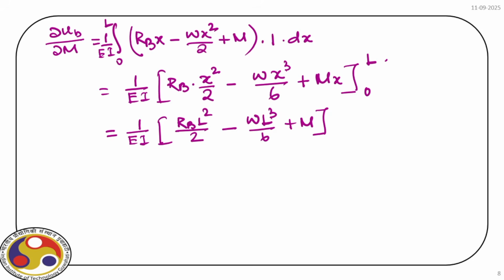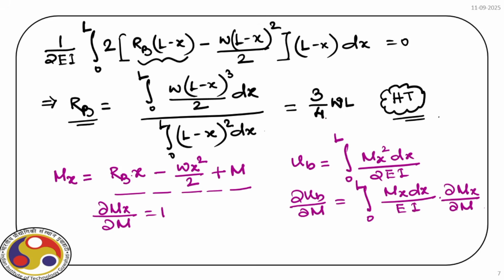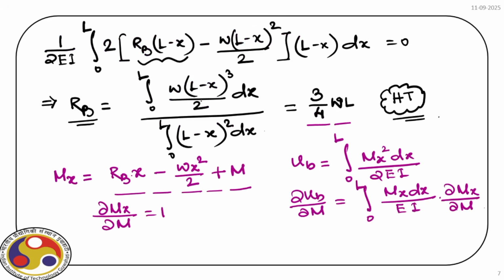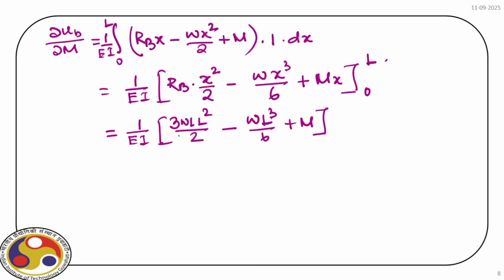Now we have already evaluated the expression for RB, which is 3 omega L by 4. So we can put that expression here. So we'll have 3 omega L by 4, so we'll have 4 times 2.